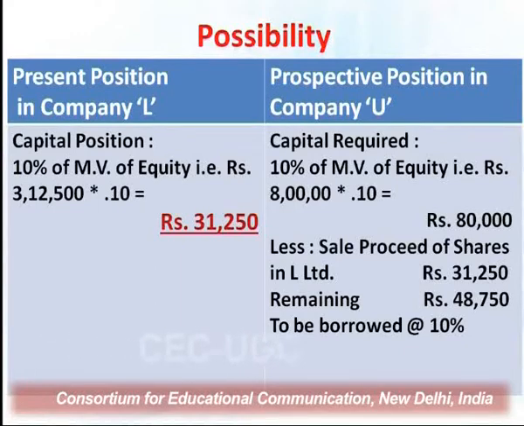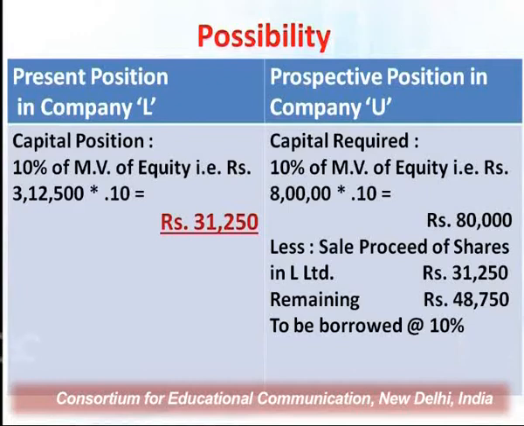For this 80,000 rupees, assume that Mr. A does not have any further amount and is going to sell his equity in company L. The sale proceeds of these shares of company L will be 31,250 rupees. The deficit comes to 48,750, and we can take a loan of this 48,750 from the bank.